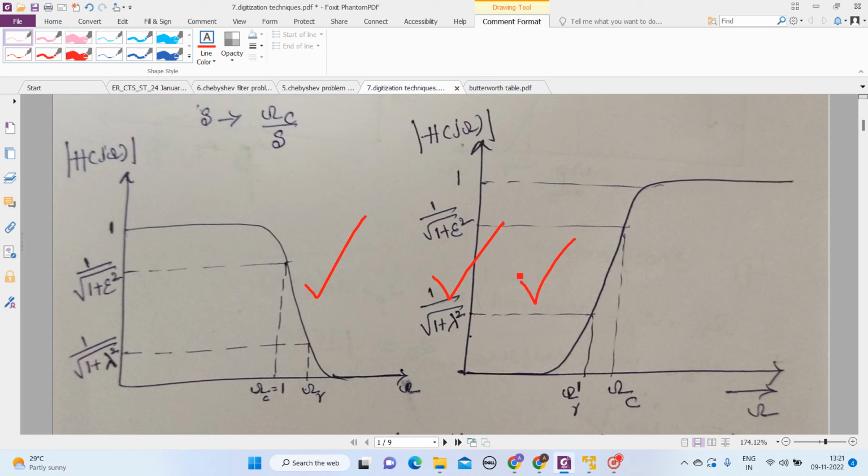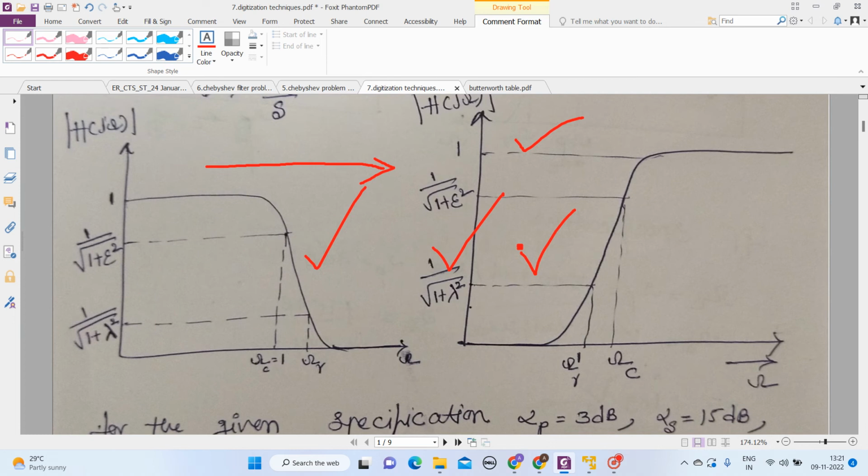So by using this low pass filter, we are transforming the low pass filter to the high pass filter magnitude response, or we are going to design the high pass filter transfer function using the low pass filter specification. That is a very important point.